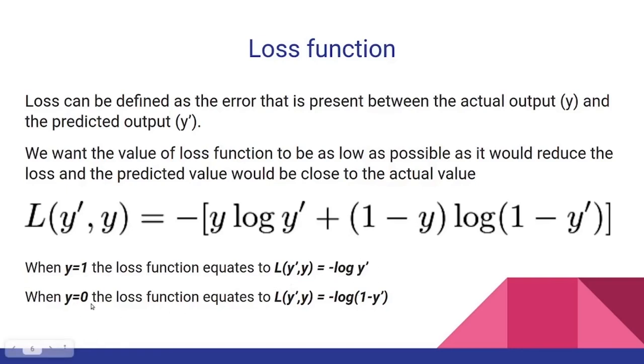Similarly, when y equal to 0, when our y dash is closer to 0, or an accurate prediction is going to be made, we want this full equation to have a smaller value, which is true when y dash is smaller. So the main takeaway is that we need a loss function for our logistic regression model, and this loss function is given as this equation.